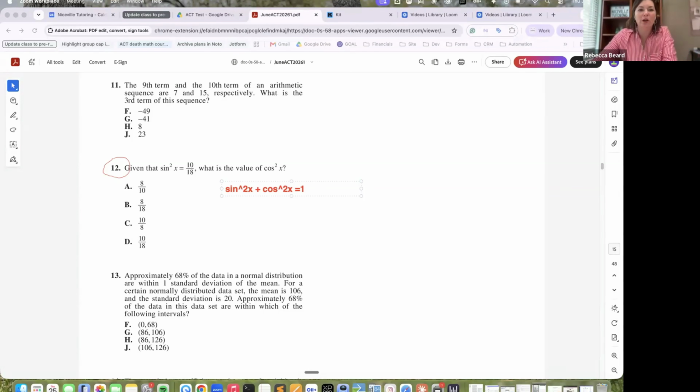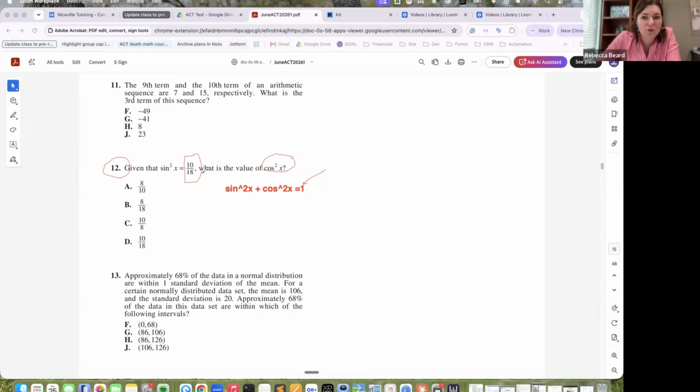How this is relevant is we have most of the equation here. In this situation, we have 10 over 18. We do not have this one, and it's equal to 1. So to find cosine squared x, all you have to do is figure out what you have to add to sine squared x to total 1.